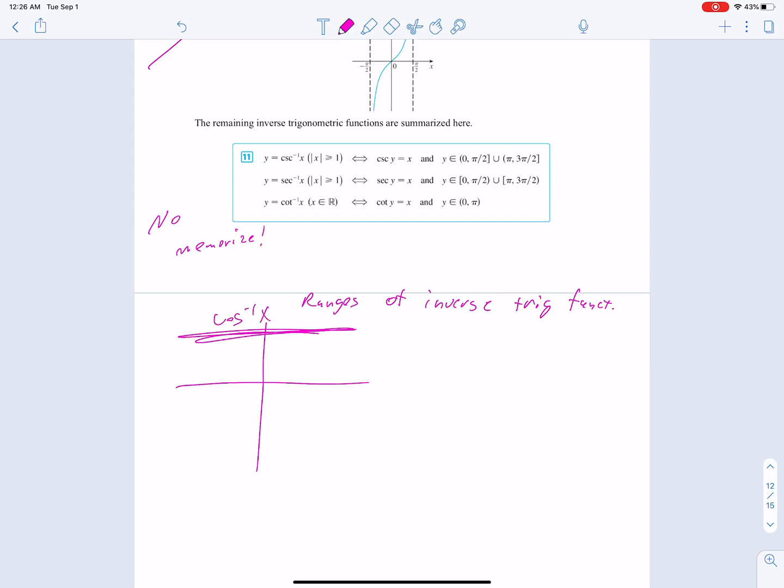That's the range, so in other words, quadrants 1 and 2. And across the right here, top to bottom, for inverse sine and inverse tangent of x. So again, that's the easier way to memorize the ranges.